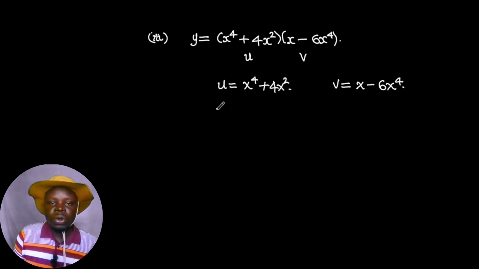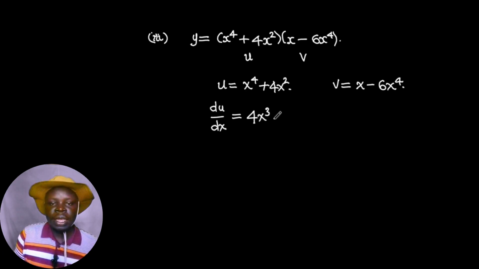So we can go on and differentiate the first function here, the v with respect to x. Now when we do that, we can lower this power down, and we have to multiply by x, reducing 4 by 1 to 3.